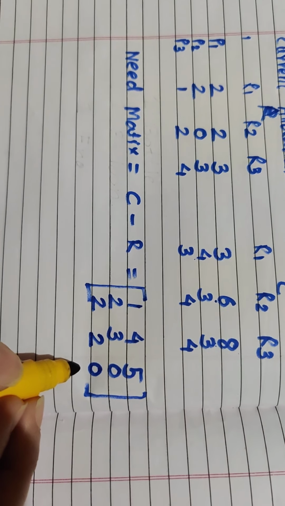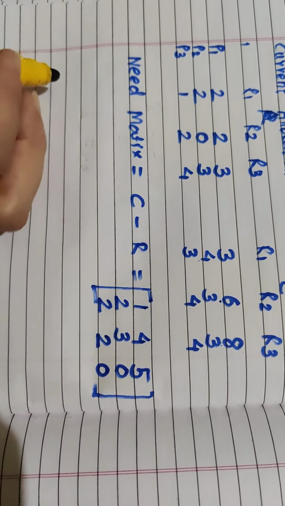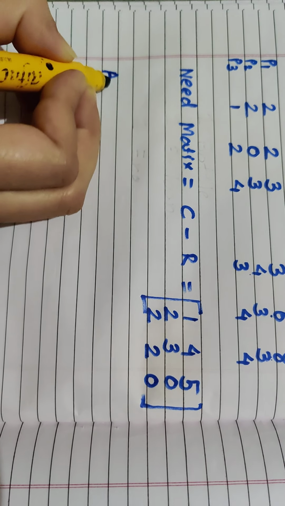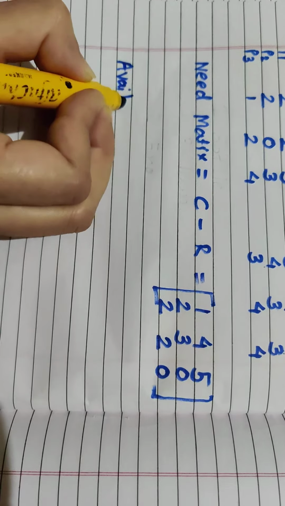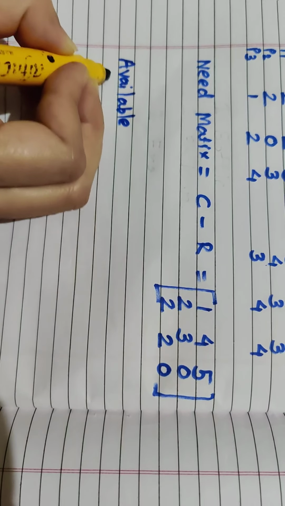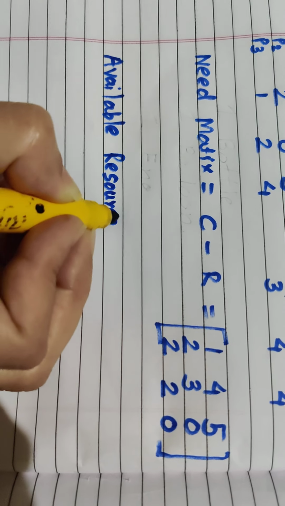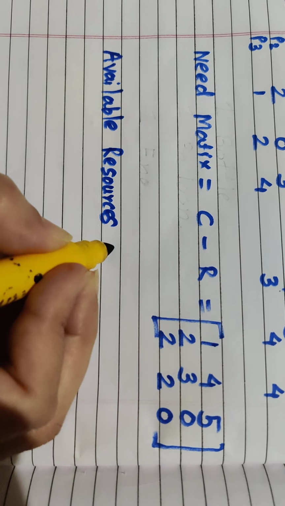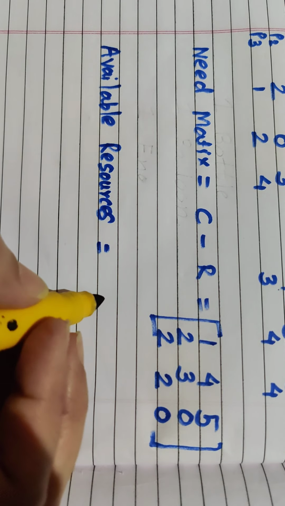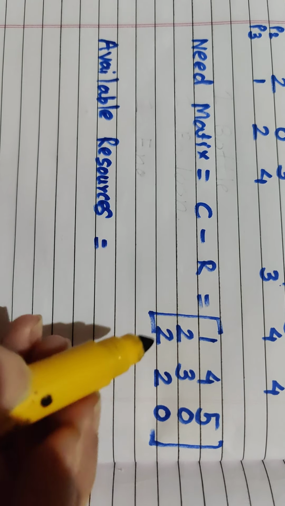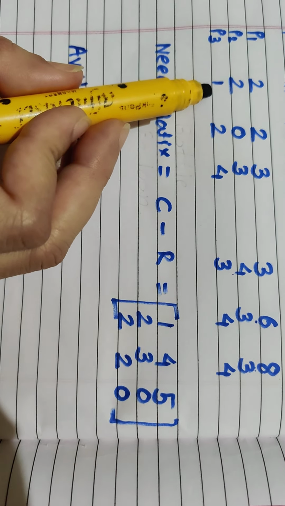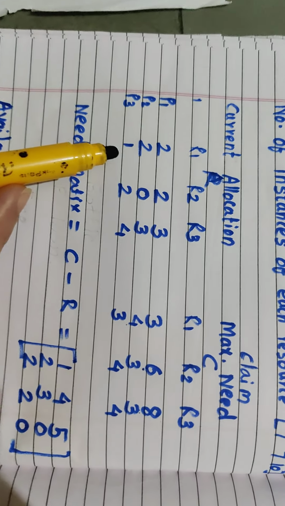Once you calculate the need matrix, then you have to calculate the available resources. How are you going to calculate the available resources? We first have to calculate the total current allocation.